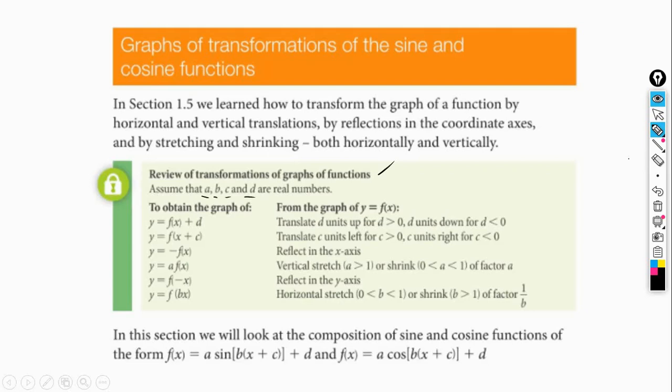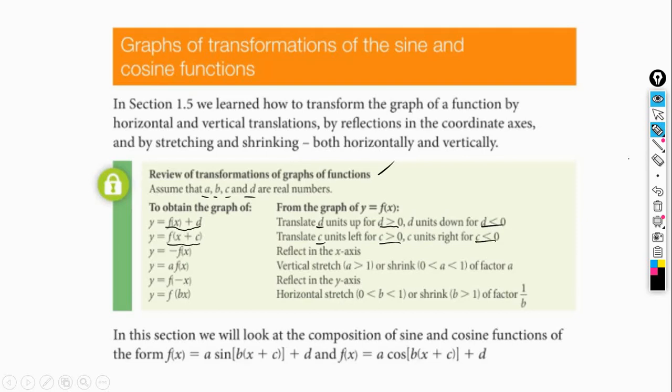To obtain the graph of y equals f of x plus d, we translate d units up when d is greater than 0 and d units down when d is negative. If we have y equals f of x plus c, we translate c units to the left when c is positive and c units to the right when c is less than 0.